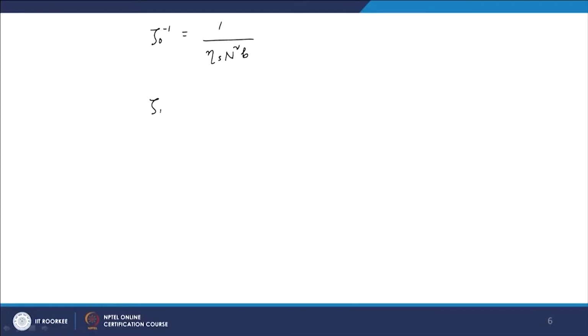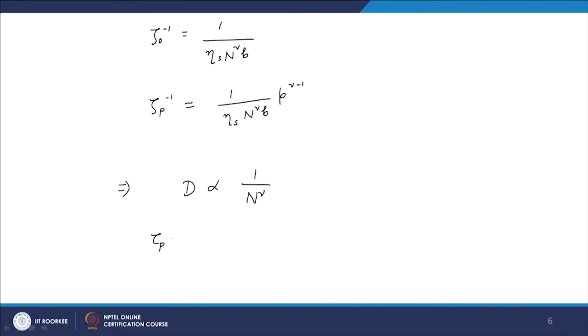Similarly we get zeta_p using this relation, which implies D proportional to 1 by N^nu, where nu is whatever we have got for the static scaling, and then tau_p is something like that, and tau_1.